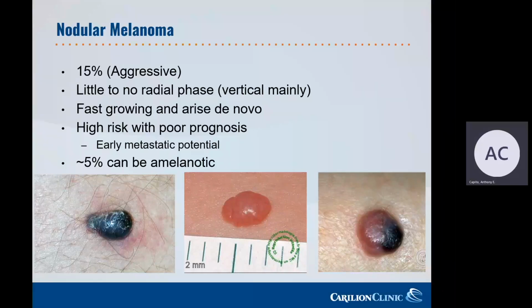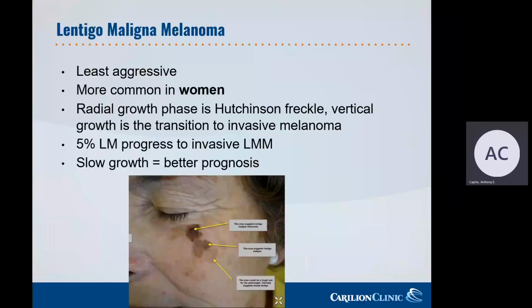A thicker melanoma has a higher tendency to spread. These have early metastatic potential, and they can also be amelanotic or clear, which may delay the evaluation and diagnosis, and have a large, thicker melanoma, which can be more deadly and higher risk of spread.